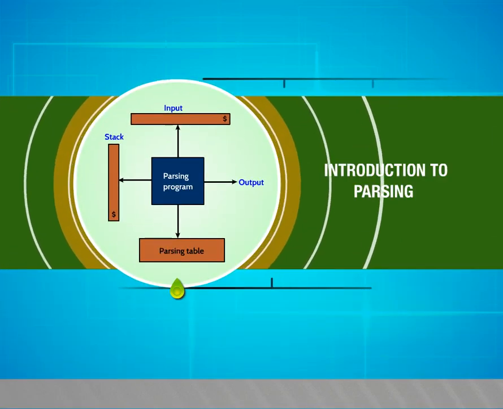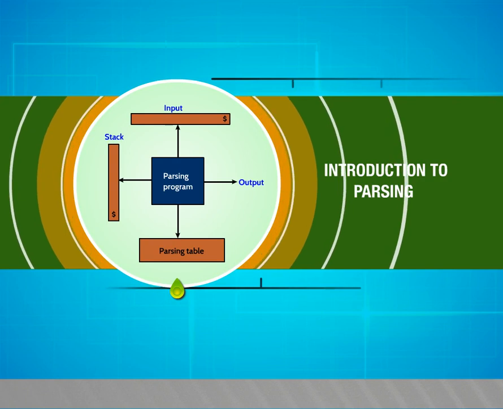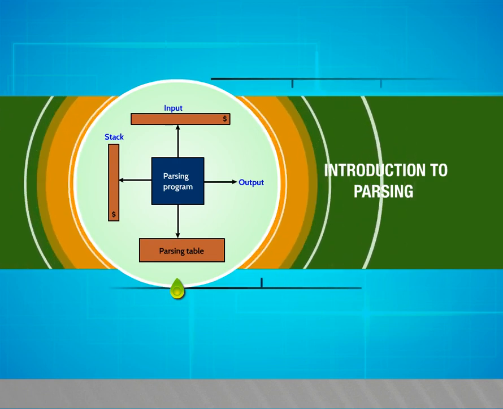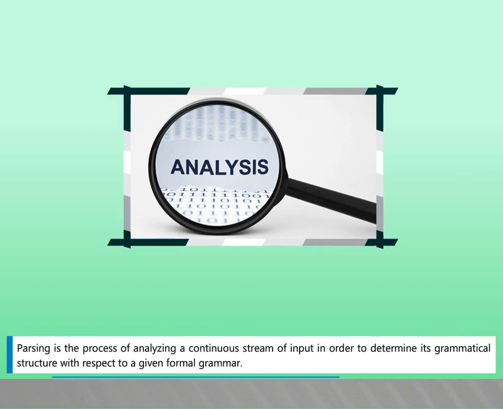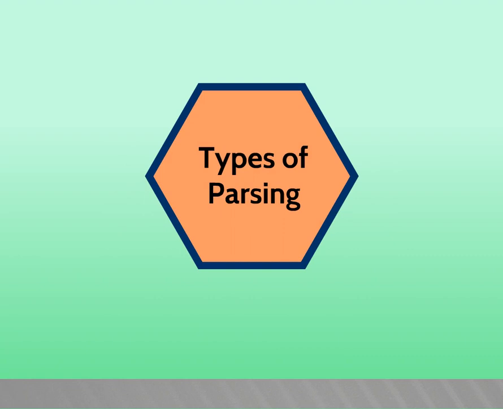Introduction to parsing. In this video, we are going to see about introduction to parsing. Parsing is the process of analyzing a continuous stream of input in order to determine its grammatical structure with respect to a given formal grammar. Types of parsing.